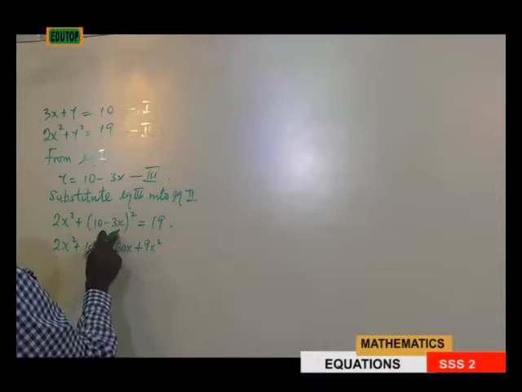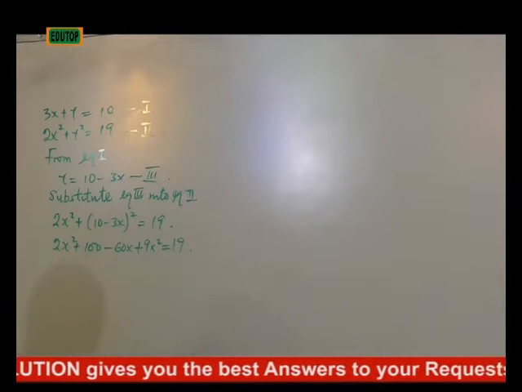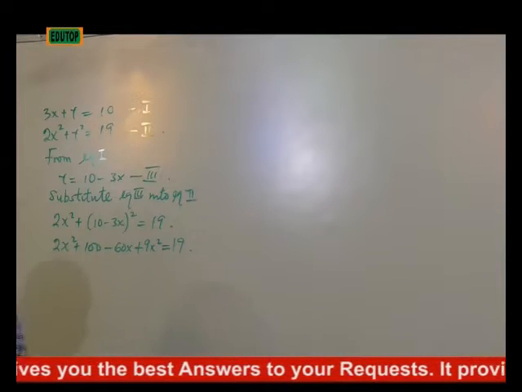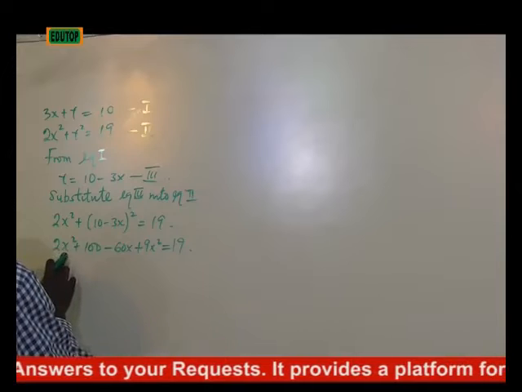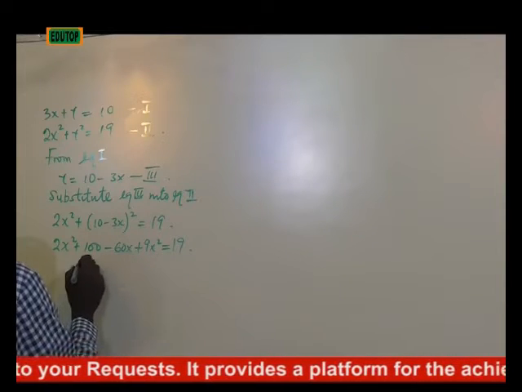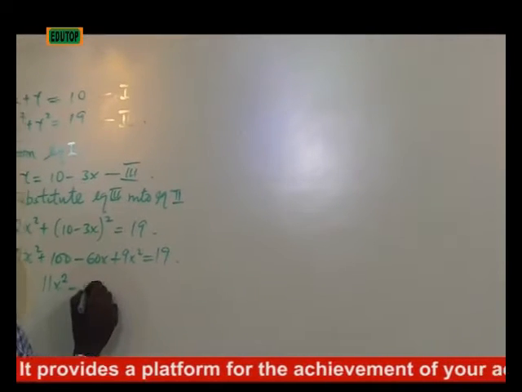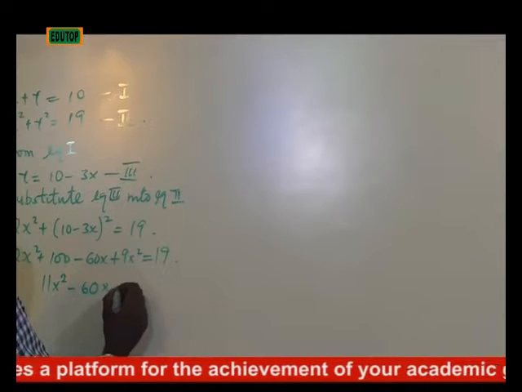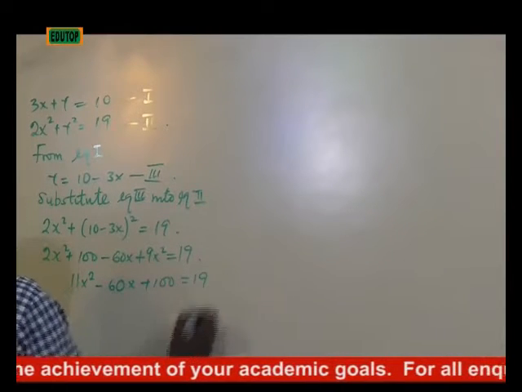That is the expansion of this, then equals 19. So here we simplify 2x squared plus 9x squared, that becomes 11x squared, minus 60x plus 100 equals 19.